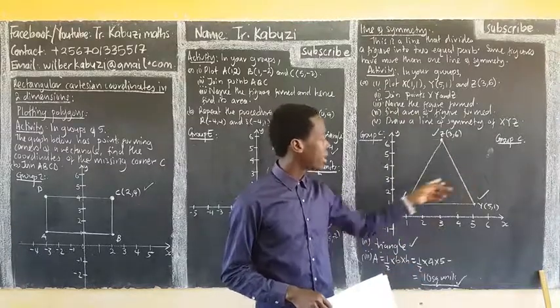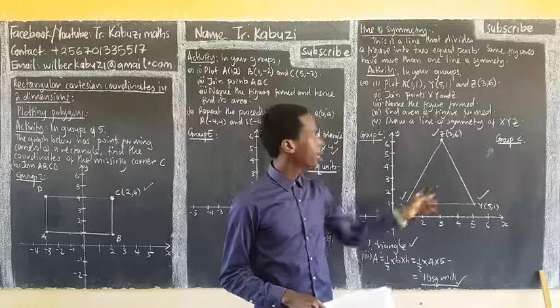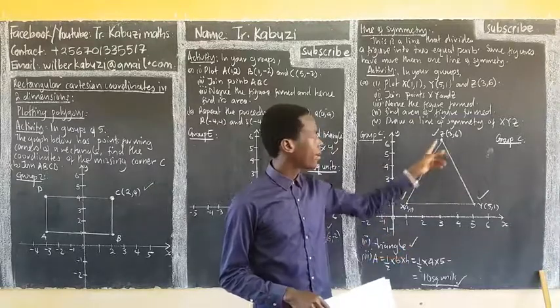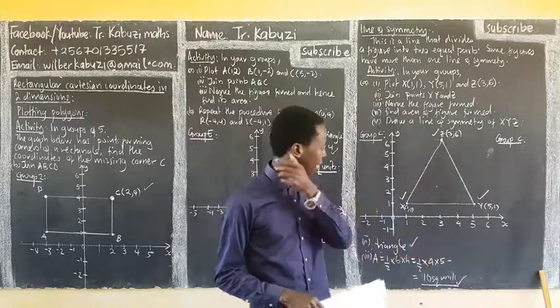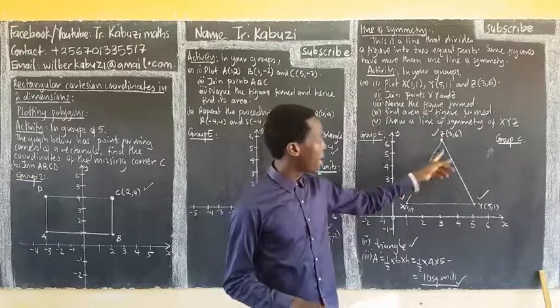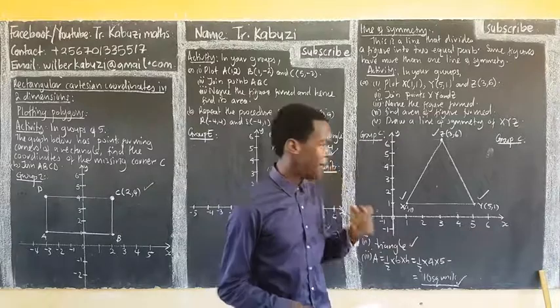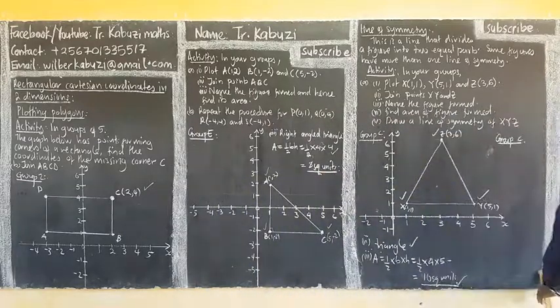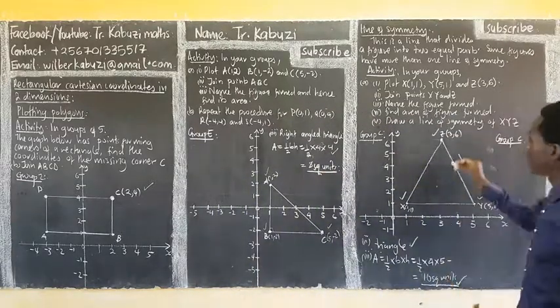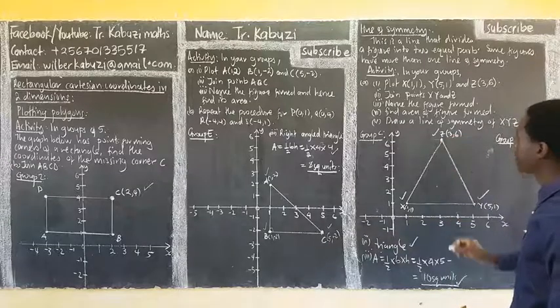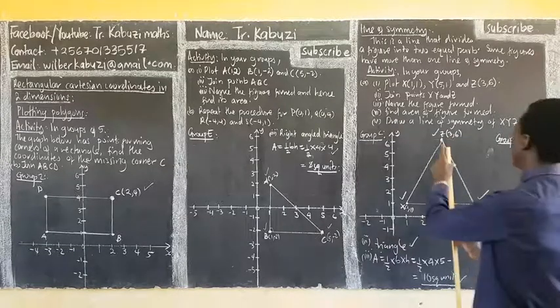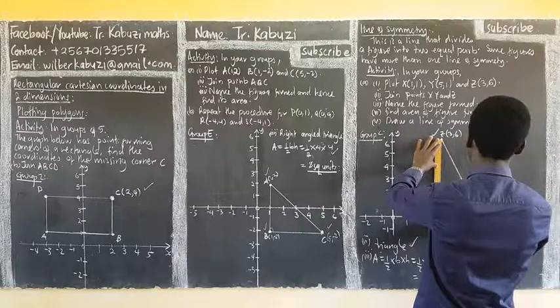Why did you consider this one here? Because this one was easier. Okay, so you mean when I draw a line from here up to here, it's divided into two equal parts. Let me see. So they are saying if you draw a line from here passing through this, it will be a line of symmetry. That is the line that divides it into two. Let us see.